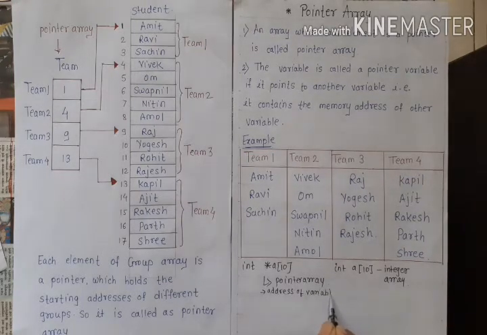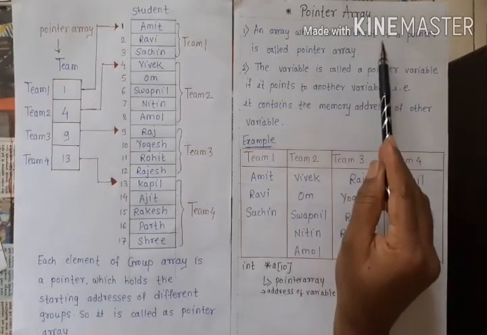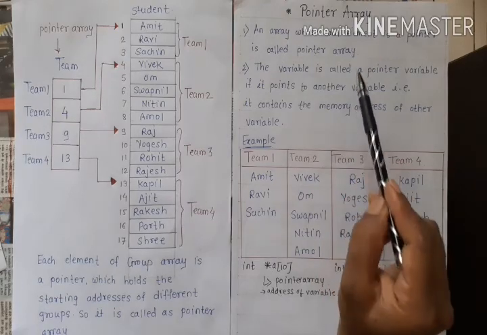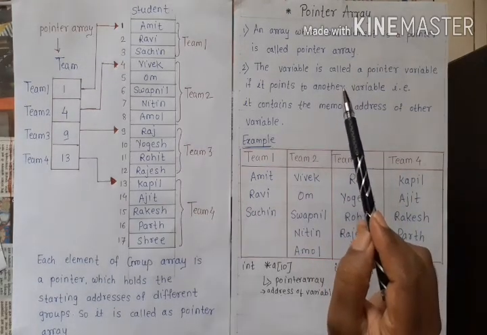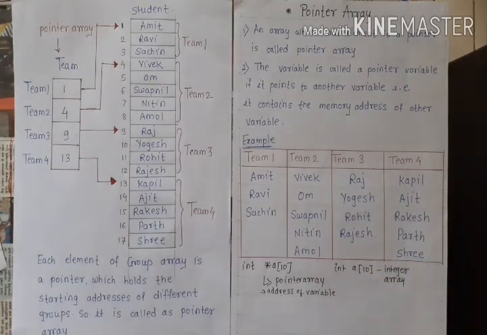This is the difference between pointer array and integer array. This array points to that element. What is a pointer array? An array whose each element is a pointer is called a pointer array.